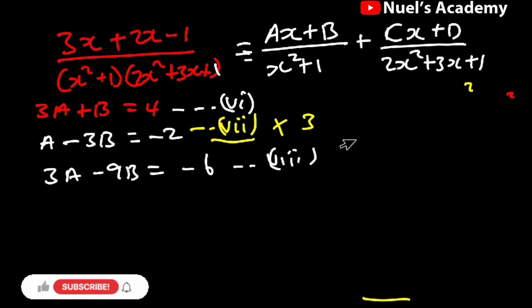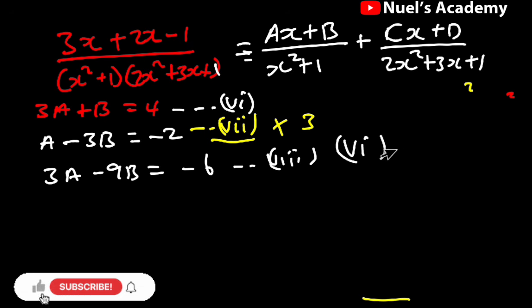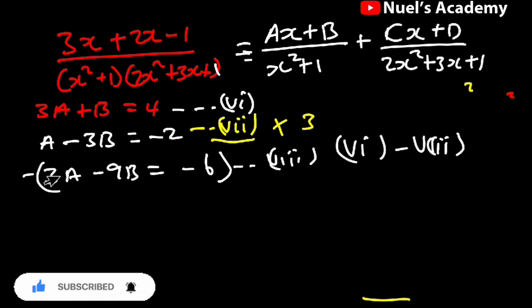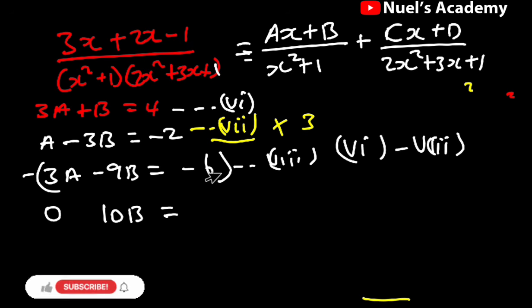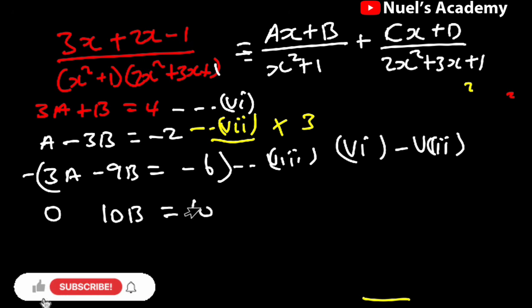We're going to subtract equation VII from equation VI. So it's going to be like this: 3a minus 3a is equals to 0. b minus times minus is plus, b plus 9b is equals to 10b equals to, now 4 minus times minus is plus, 4 plus 6 is equals to 10.